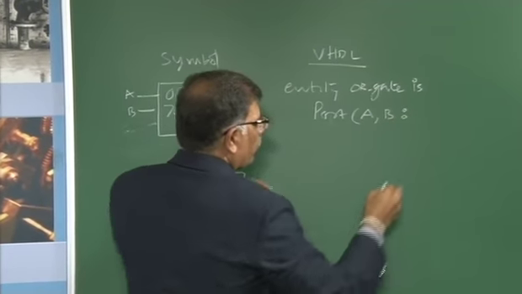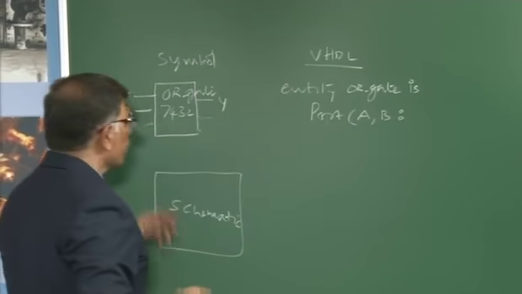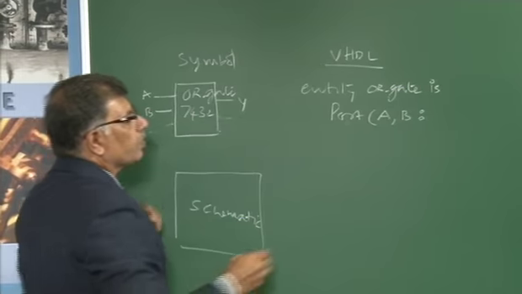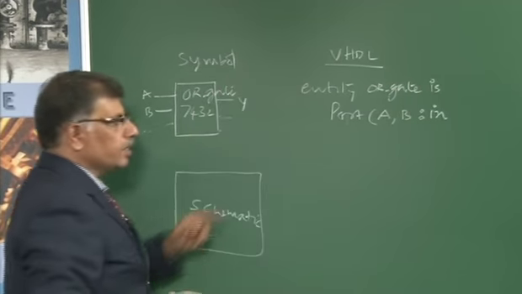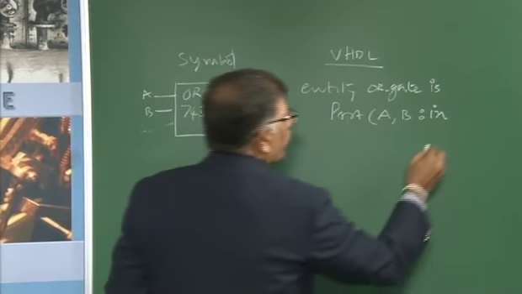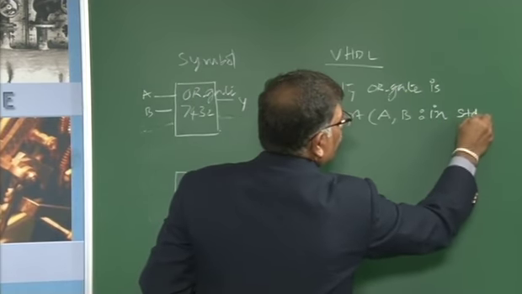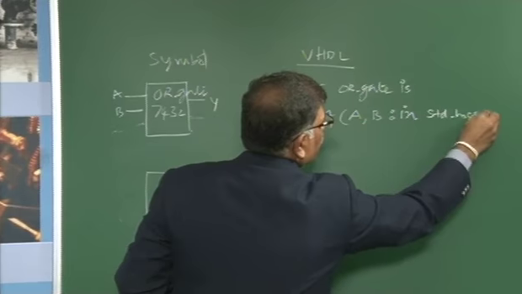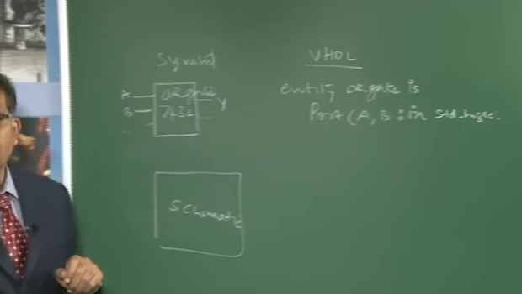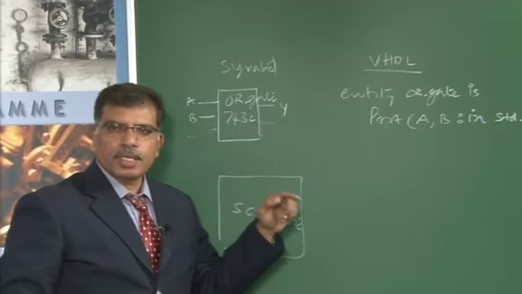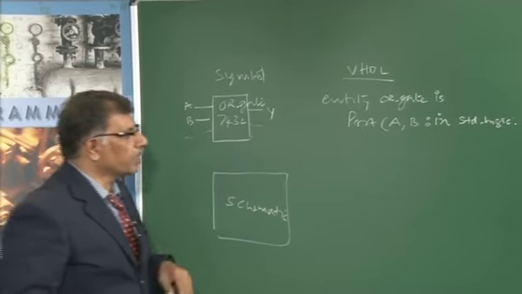We have a mode for the ports, whether these are input pins, for which the syntax is in. In is a syntax, and the type of data this will take as input is standard logic. If I mention standard logic, we can give an input like 1, 0, Z and a don't care condition.